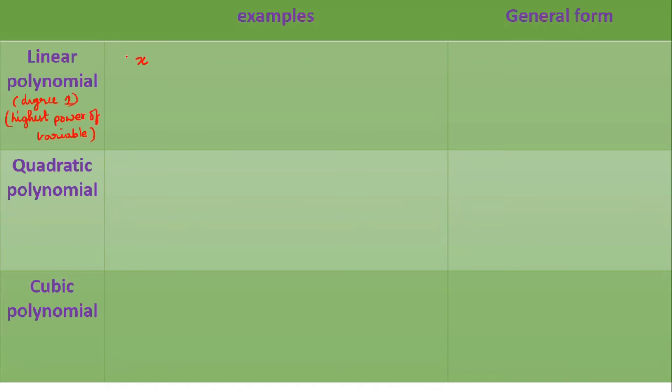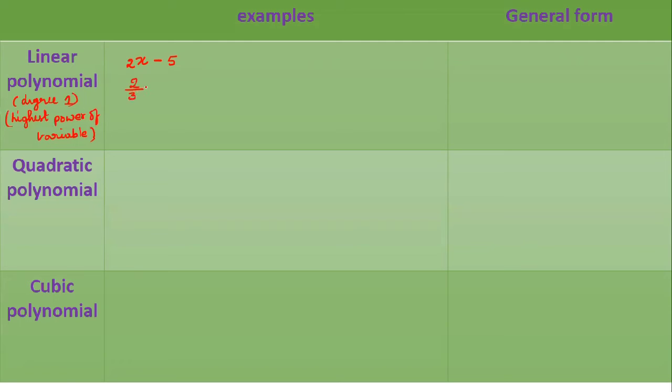We can write x with any coefficients, 2x minus 5. We can write 2 terms. One is a term with x and another one is a constant term. 2x minus 5 is a linear polynomial having 2 terms.